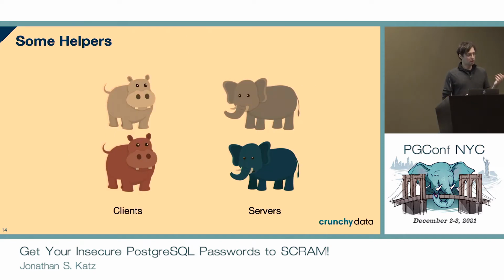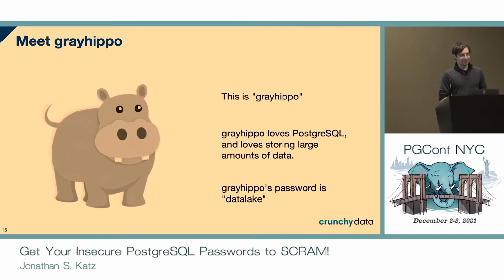So we're going to have some helpers. We're going to have some hippos. Our hippos are going to be our clients, and we're going to have some servers, which, being Postgres, are going to be elephants. Some user personas: I do a lot of product work now, so I'm all about the user personas. One of them is Gray Hippo. Gray Hippo loves Postgres, has been using it a long time, loves storing data, and because Gray Hippo tends to work with larger data sets, Gray Hippo's password is data lake.